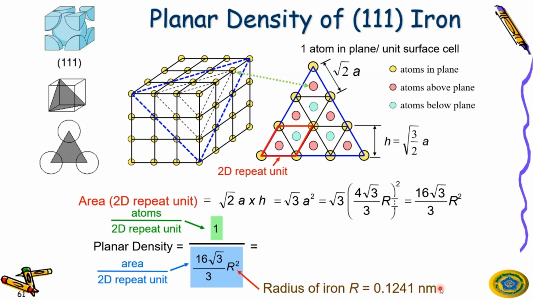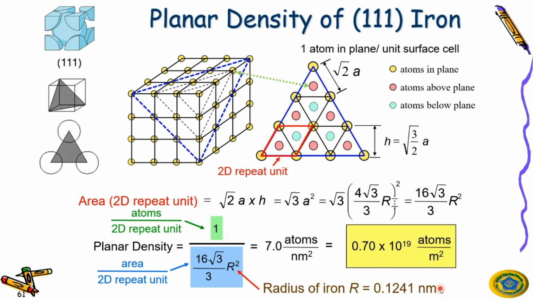And you do the calculation of this, you get the answer 7.0 atoms per nanometer square. But if you want to use the SI unit system, then it will be 0.7 times 10 to the 19 atoms per meter square.